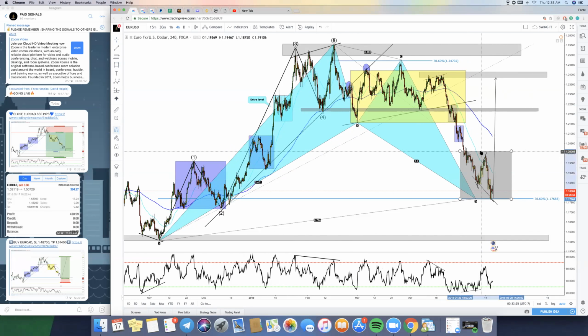It should break below this zone. So once it breaks below this zone, after it creates the W, then I'm gonna look for a buy and close the sell. But right now, I'm not in a rush to close it yet, but it's still a good trade. Around 140 pips in profit, so not a big deal, but it's good.